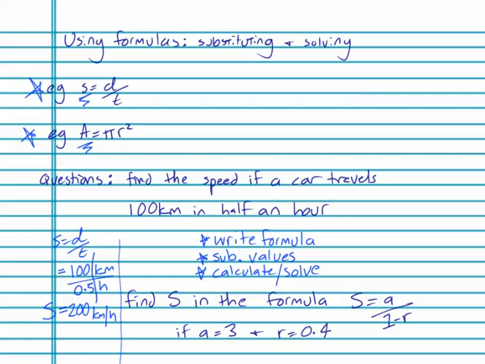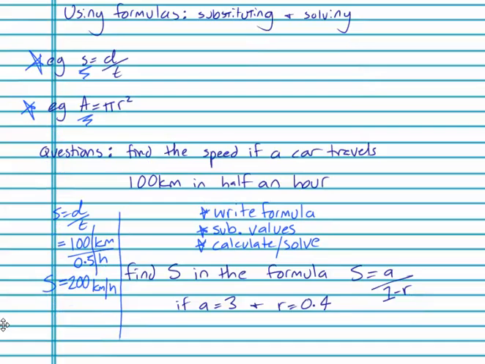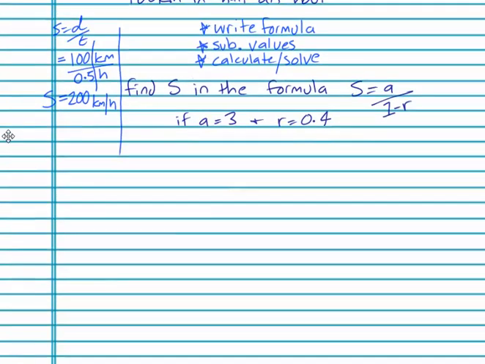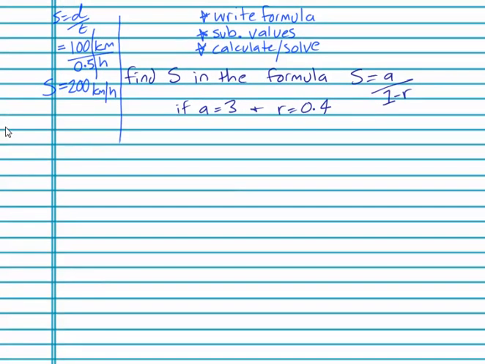Getting messy here, sorry. Next question. Find S in the formula S equals A divided by 1 minus R, if A is 3 and R is 0.4. We don't know what S, A, and R are going to, what they mean. It doesn't matter. Write the formula. S equals A over 1 minus R. Substitute the values we know.